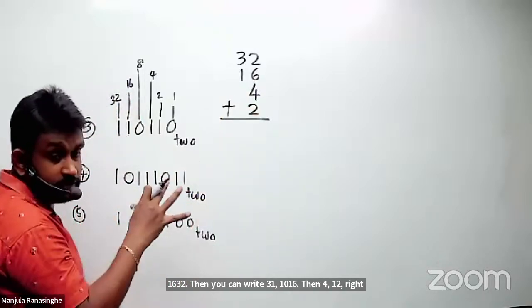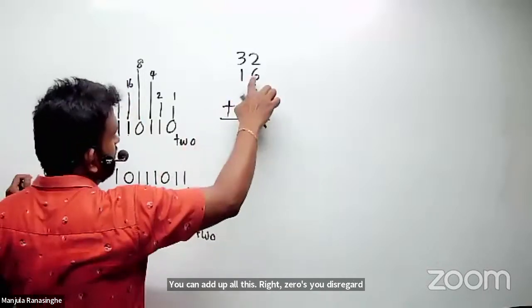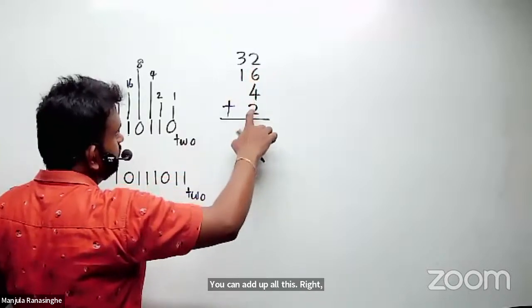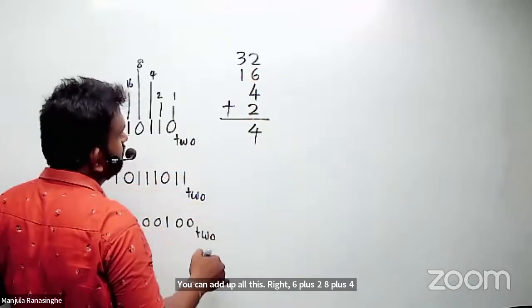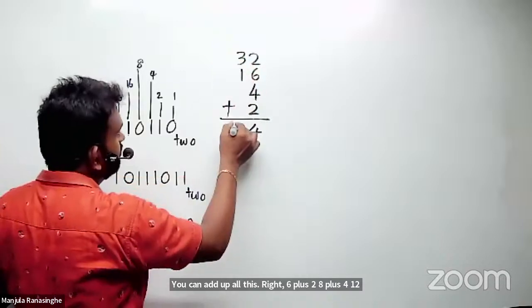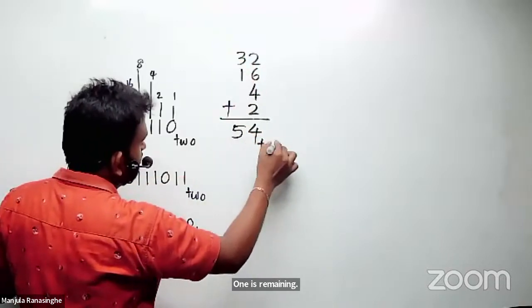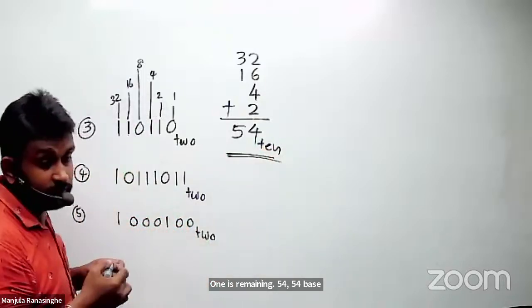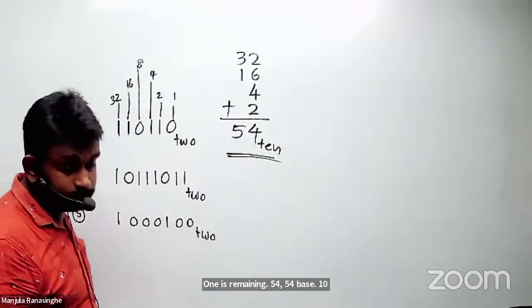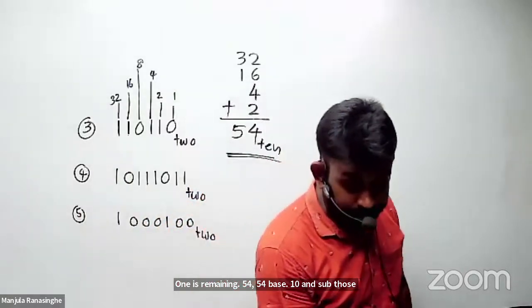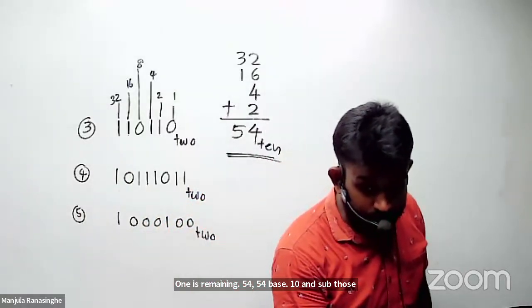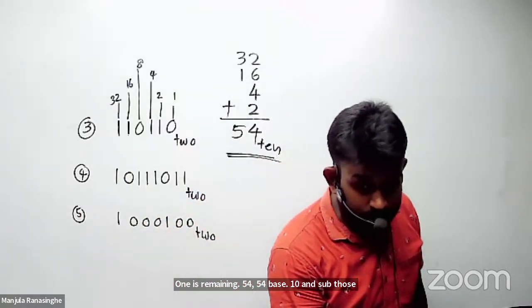Zeros you disregard. 6 plus 2, 8 plus 4, 12 plus 2, 14. 1 is remaining, 54. 54 base 10. Hands up those who got the answer. For the first one, 54. Well done.